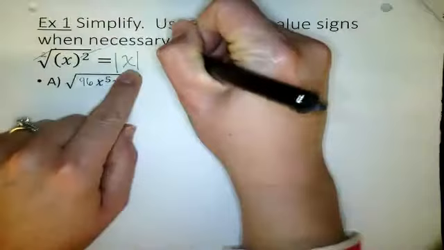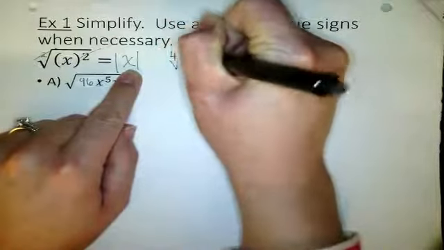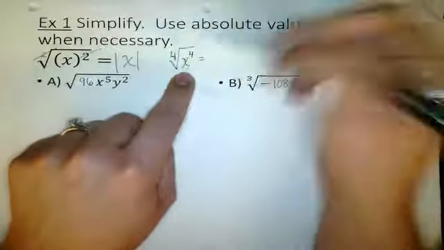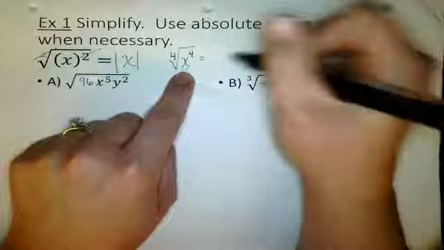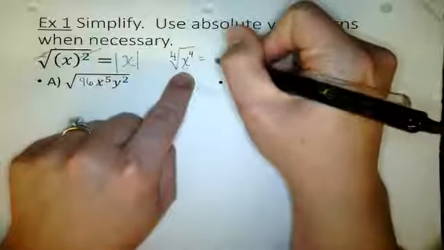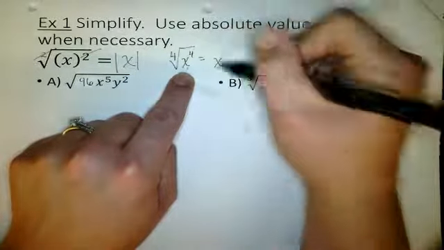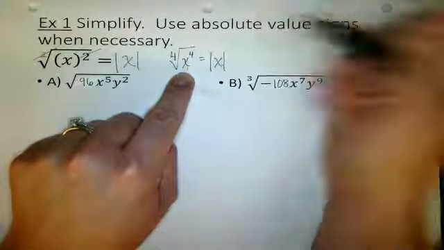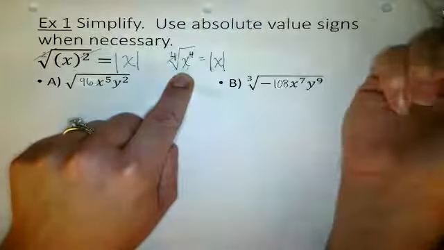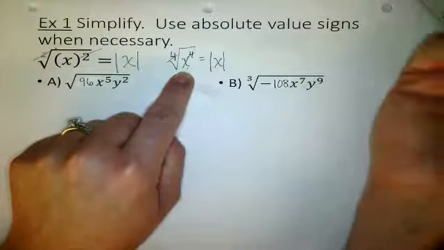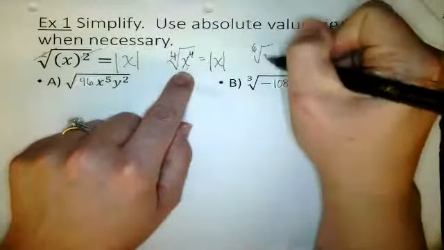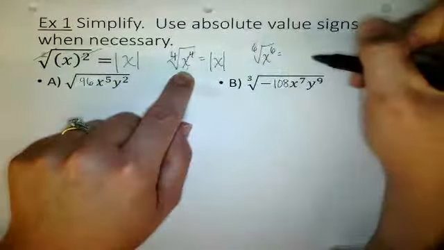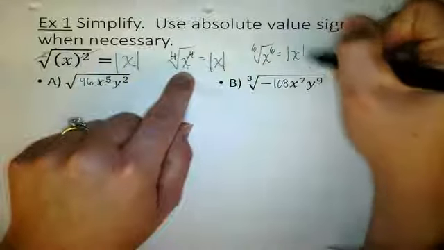Which also says the fourth root of x to the fourth. What's the fourth root of x to the fourth? It's x with absolute values. Again, the fourth root and the power of 4 undo one another, just leaves the x. What's the sixth root of x to the sixth? Absolute value of x. Yes, it is.